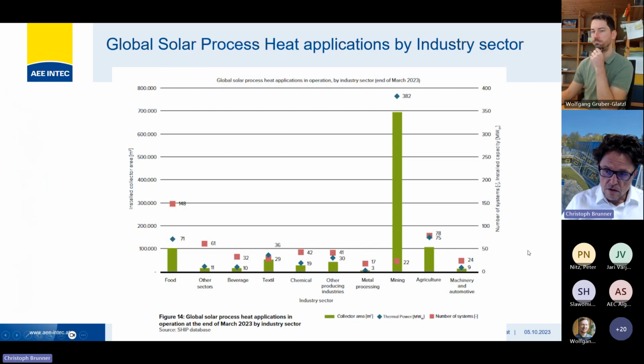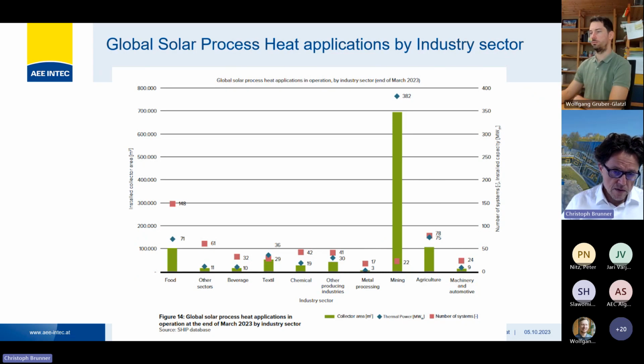I took one graph from the Solar Heat Worldwide statistics from 2023, where you can see which industry sector has the highest number of installed SHIP plants and the highest thermal power of these total plants.